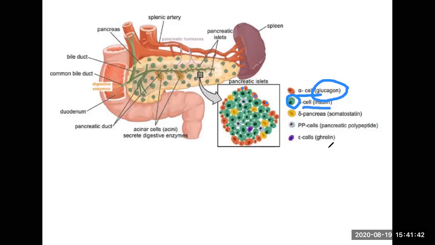There are a number of other cells, like somatostatin-releasing cells, but majorly we are talking about alpha cells and beta cells that release glucagon and insulin.